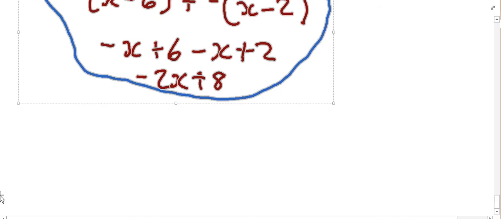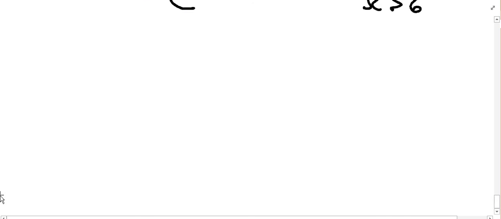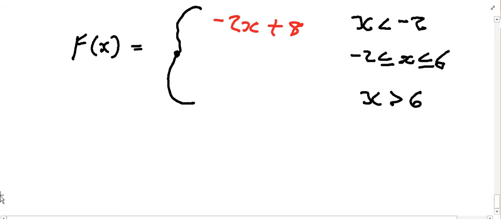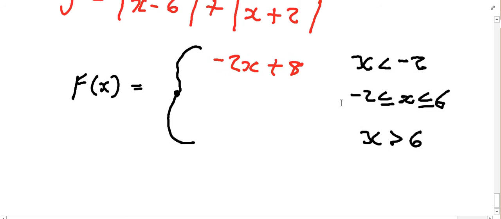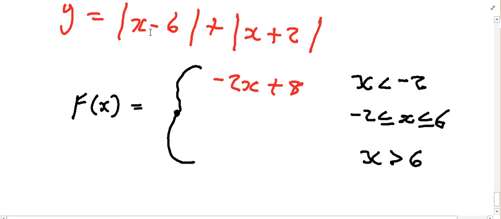Okay, so we get a number in between -2 and 6, which can be a 0. So if I put a 0 there, what will happen? You find that the answer will be negative. So automatically here we are getting a negative.